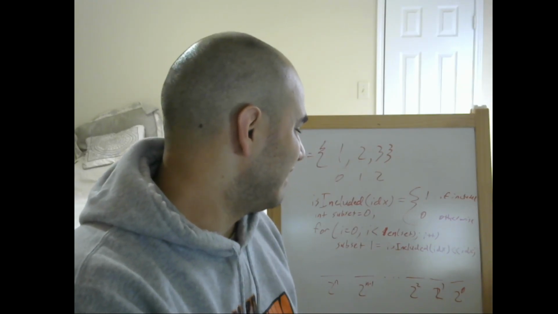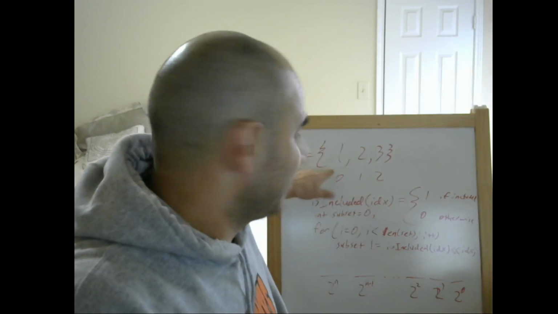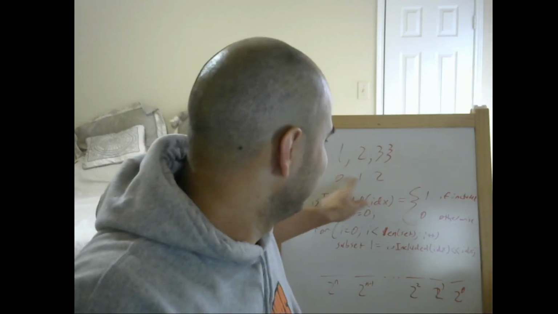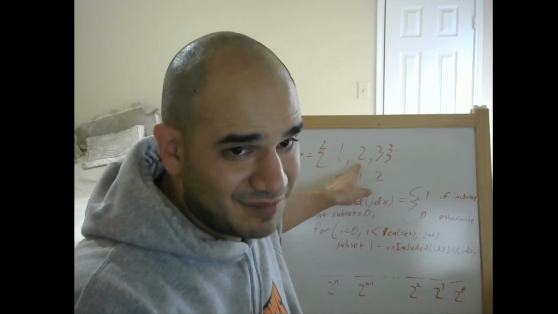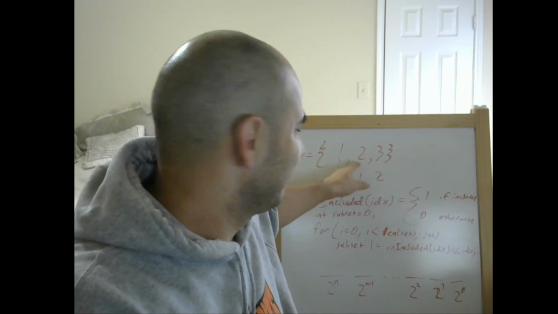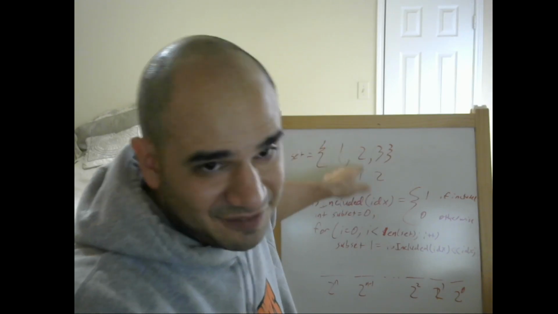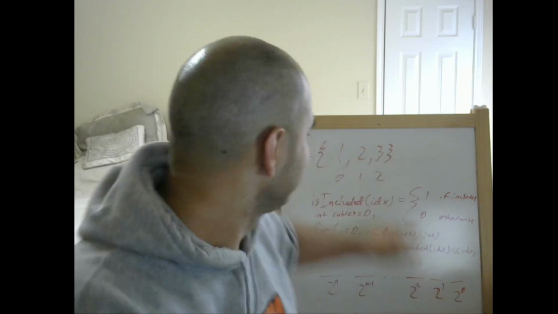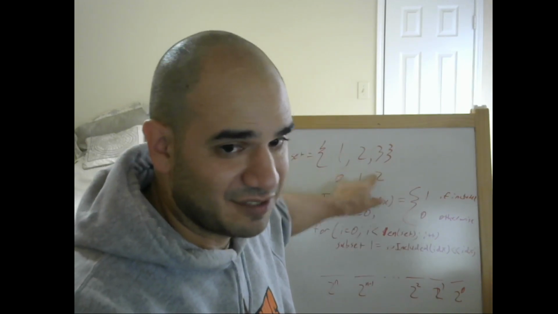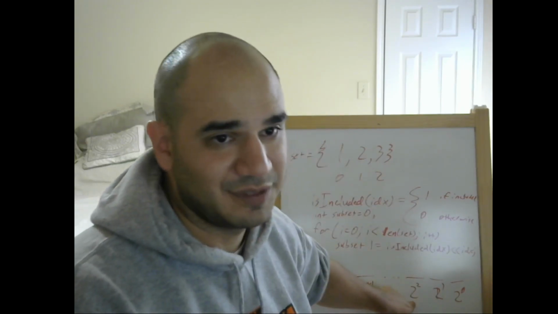And then if the set is of size 1, then the first index in our set would correspond to 2 to the 0. So it's either 1 or 0. And then inclusion of the 1 indexed value in our original set would correspond to this one. Inclusion of the 2 indexed value of our set would correspond to this one.